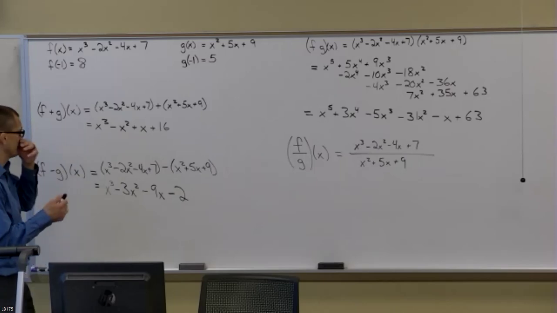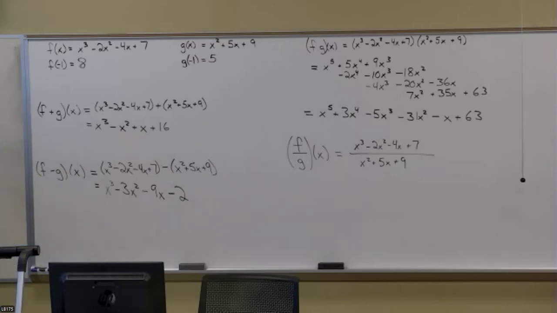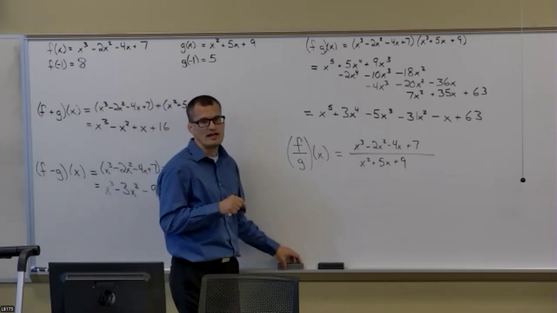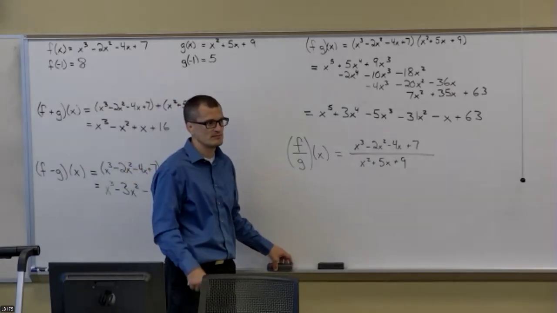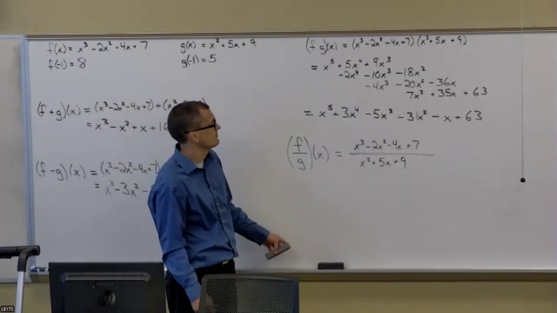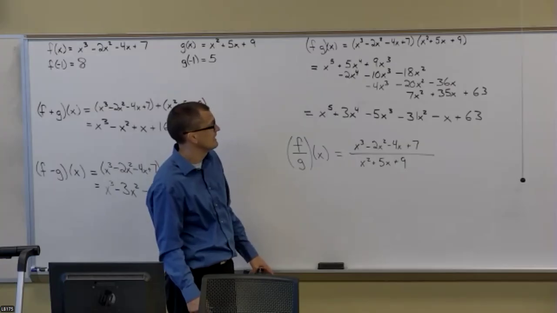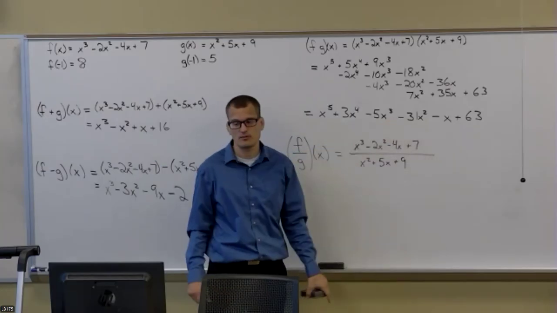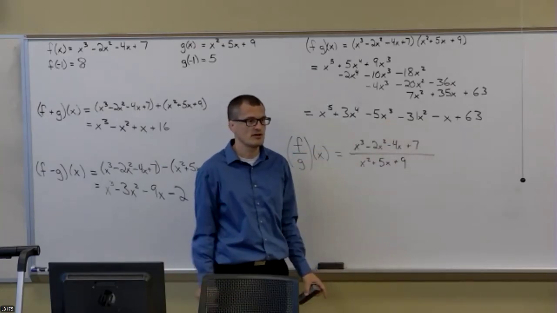Yeah, that's why sometimes it's really nice to plug in some numbers and have that as a good check, because it's very easy to throw off a sign and get thrown off. Like you put a plus 31 instead of a minus 31x squared, and then everything's wrong.